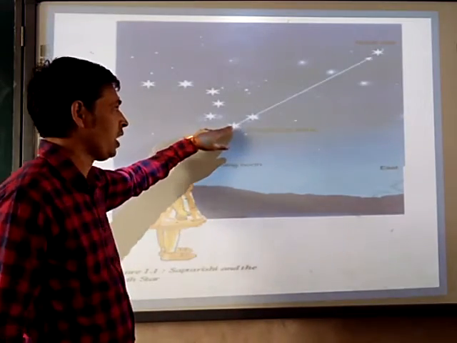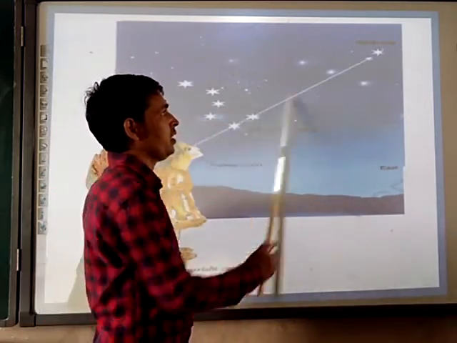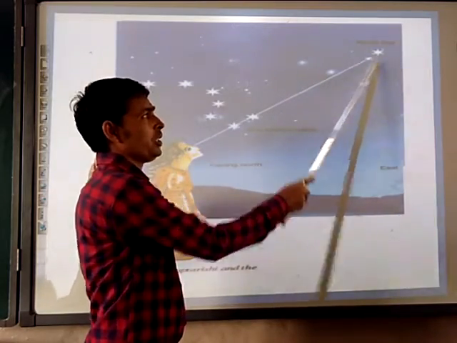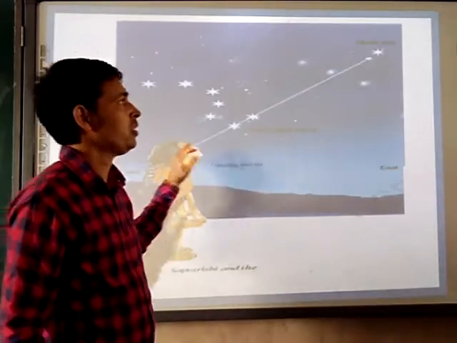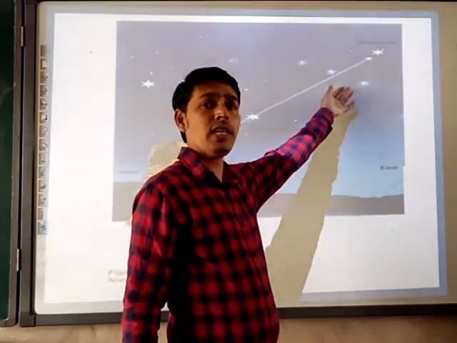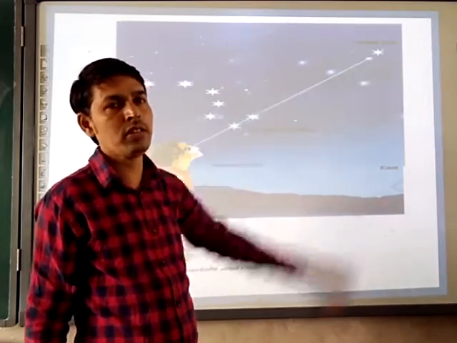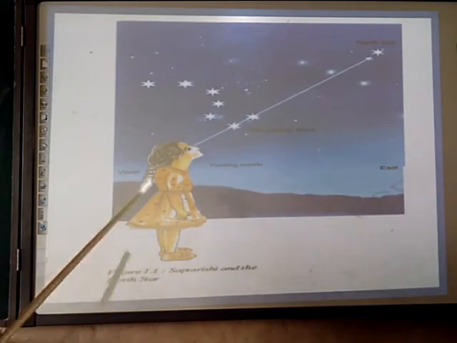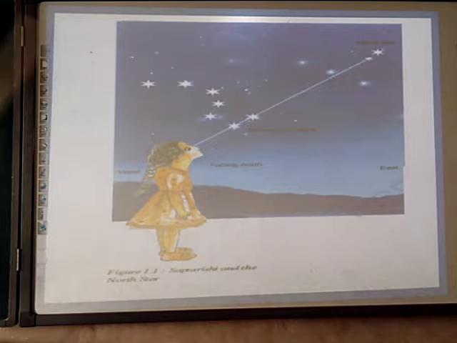If you follow those 2 stars straight, the bright shining star is the pole star or north star, which indicates the north direction. This photograph figure is taken from the NCERT textbook. Please see carefully.